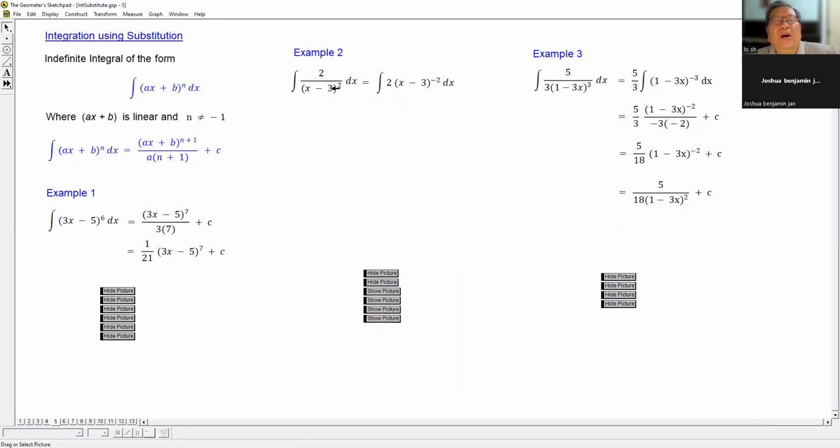Okay. So now this one, 2 over (x minus 3) squared. As I have told you, whatever is inside the bracket, you give it a new name called u. Differentiate u with respect to x. Separate the du and dx. You try and do that.